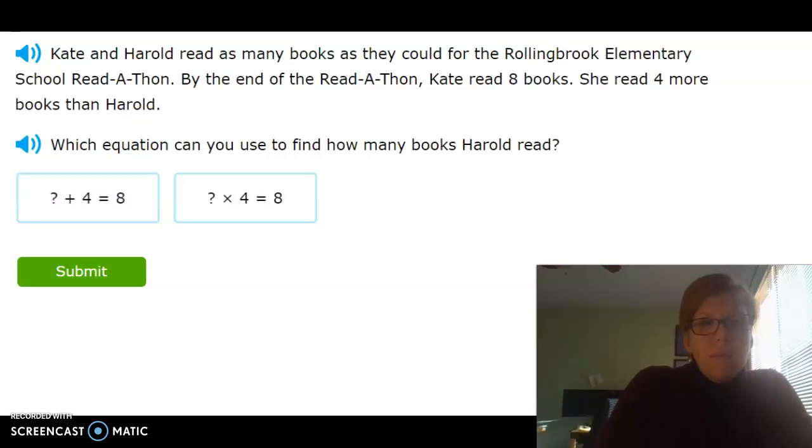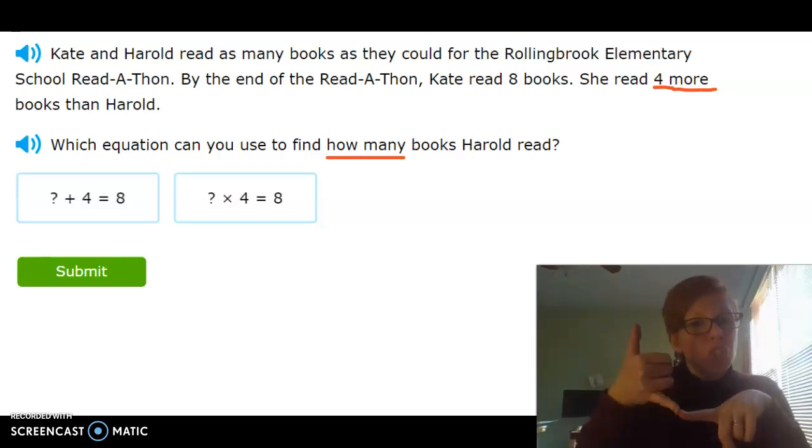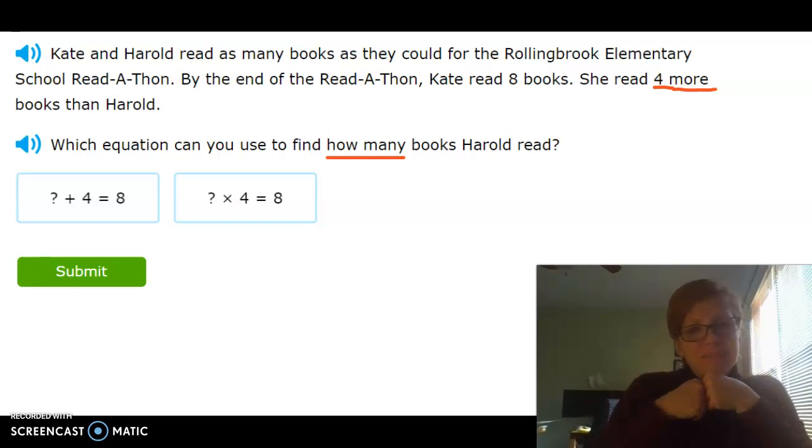I see how many. Okay. I see 4 more. I don't see any keywords that make me believe that we're multiplying. What about you? I don't see anything about equal groups. I don't see each. I don't see every. Yeah. So I believe that we are adding.